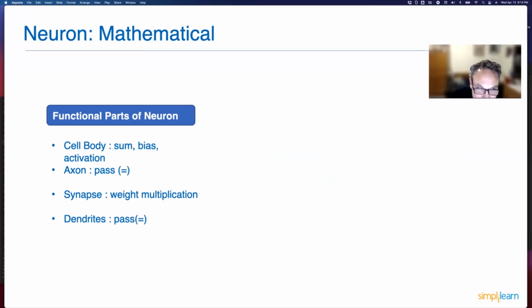Now let's take the same pieces, the cell body, the axon, the synapse, and the dendrite, and let's look at how mathematically we would represent that. So the axon is coming from other neurons, and we're going to represent that pulse coming from the other neuron as an X. That's the variable that is how much pulse is coming from the previous neuron.